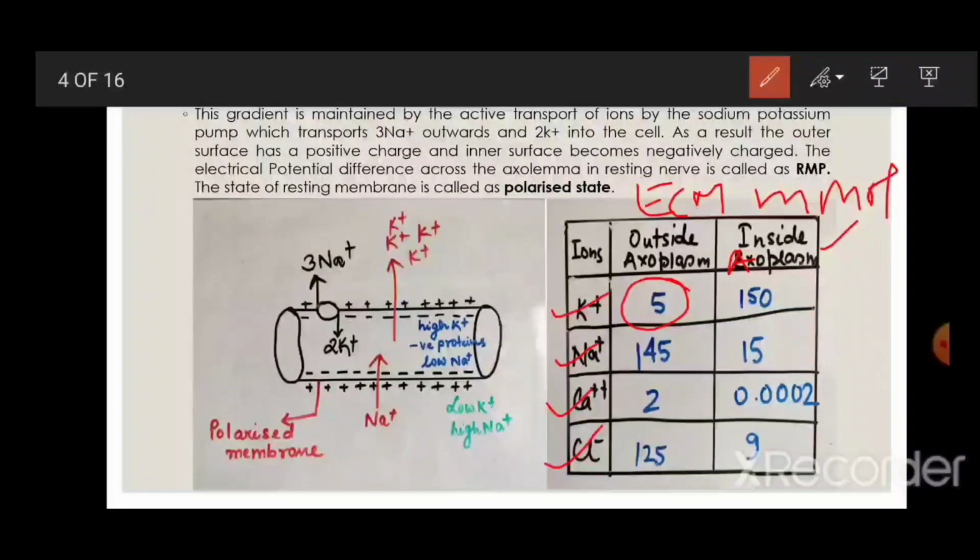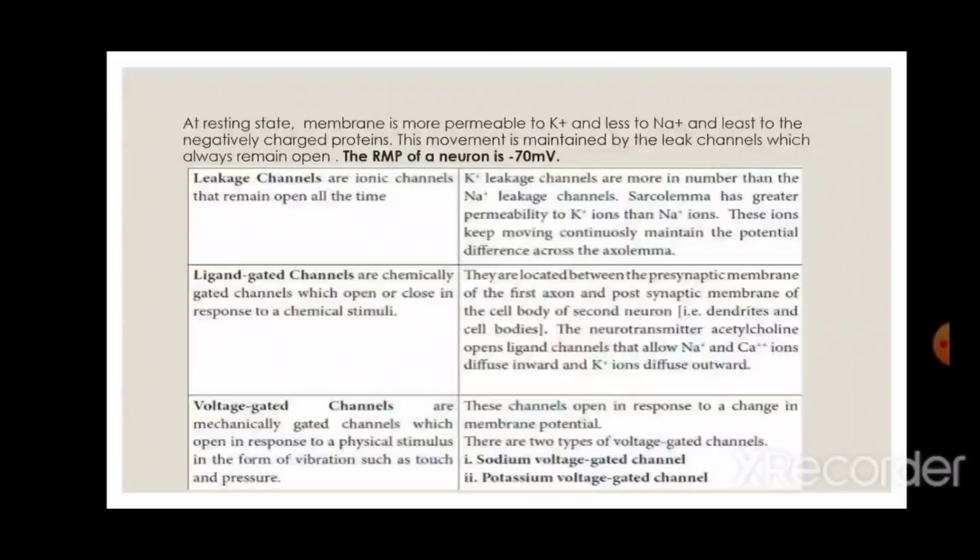The concentration of potassium ion is 5 and inside it is 150. Outside the concentration of sodium is 145 and inside it is 15. The concentration of calcium outside is 2 and inside it is 0.0002, and the concentration of chloride outside is 125 and inside it is 9. So this is just showing comparative data of the distribution of different ions.